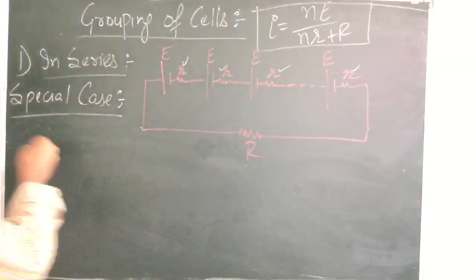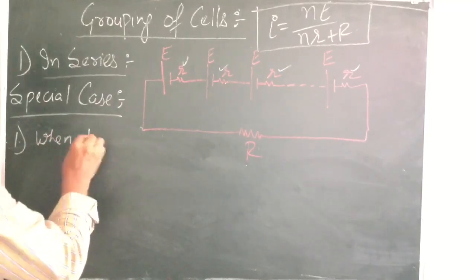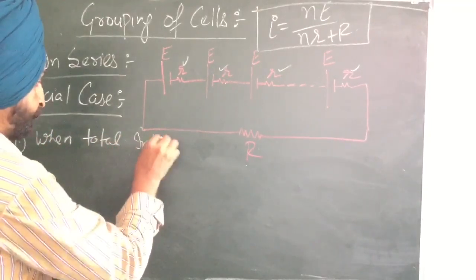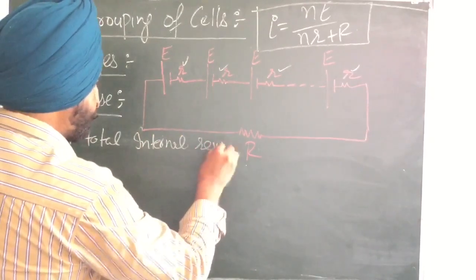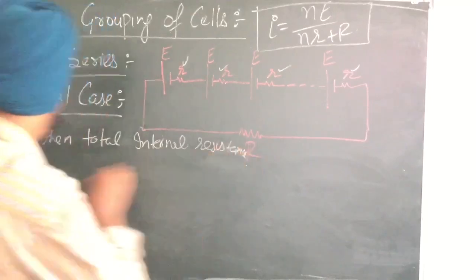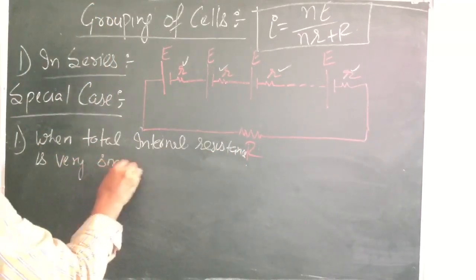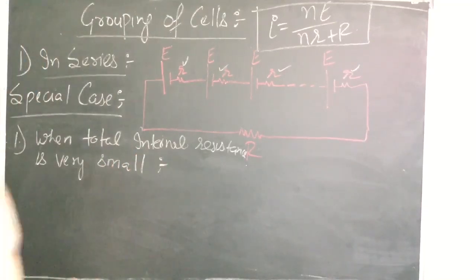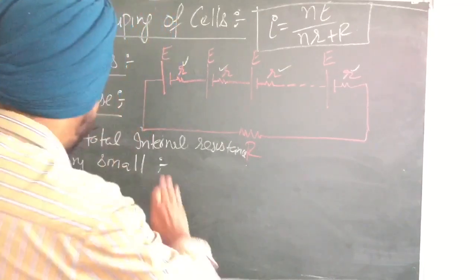So the first case is when total internal resistance is very small as compared to external resistance, that is also important to write over here.